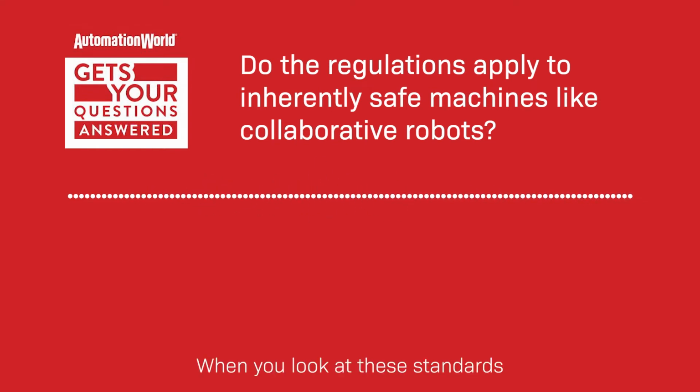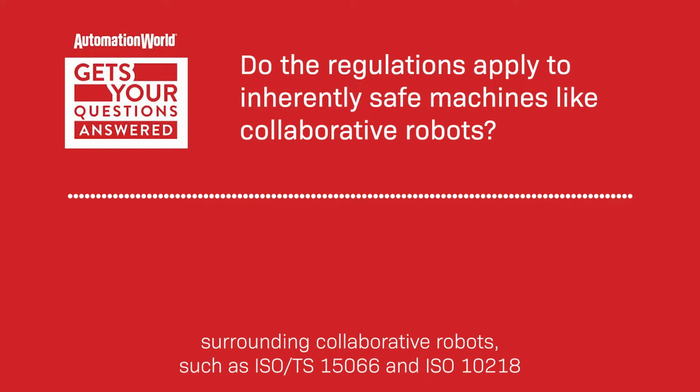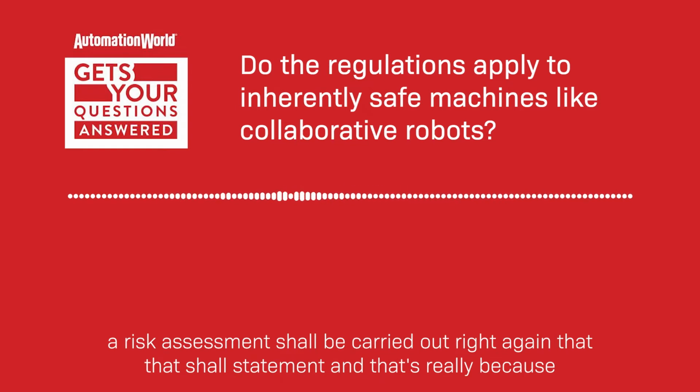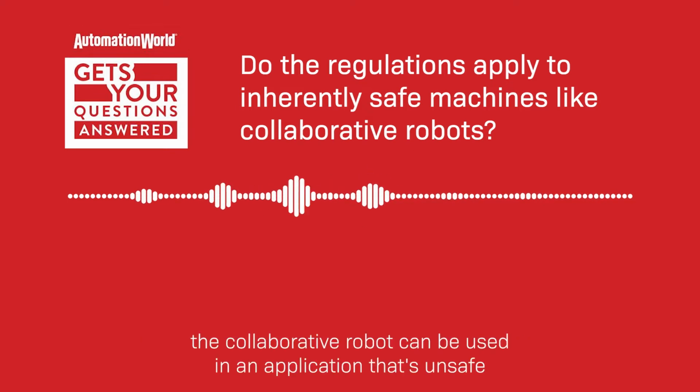When you look at the standards surrounding collaborative robots, such as ISO TS 15066 and ISO 10218, and bring it back home, ANSI R15.06, they all state a risk assessment shall be carried out. Again, that shall statement, and that's really because the collaborative robot can be used in an application that's unsafe.